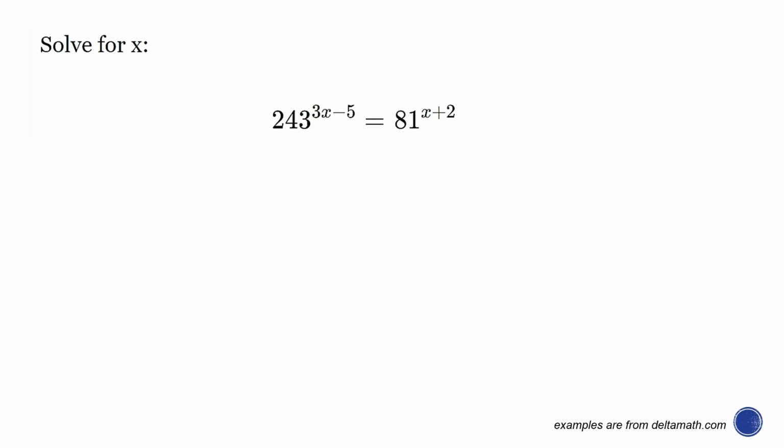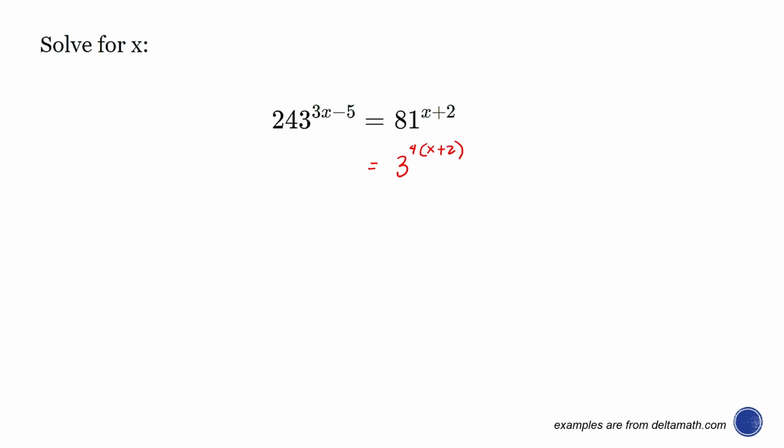Right, you cannot express it with a base of 9. But let's say 3. 3 raised to what equals 81? That is correct. 3 raised to 4, right? 3 raised to 4 equals 81. So this is 3 raised to 4, then x plus 2.